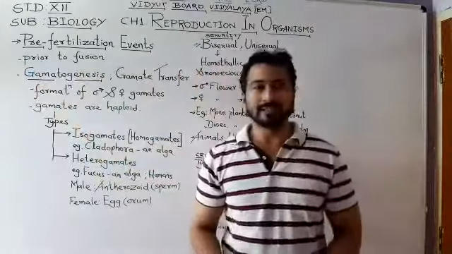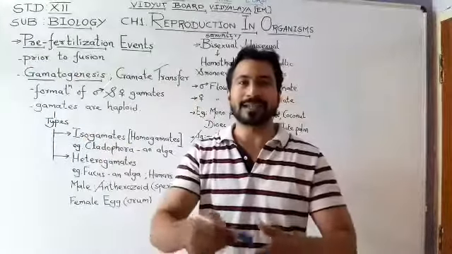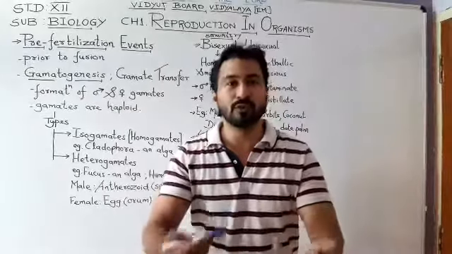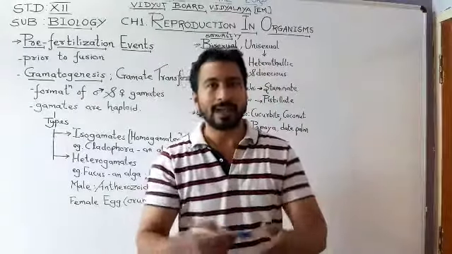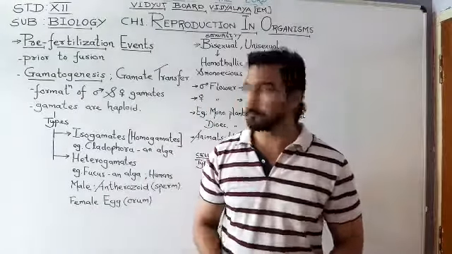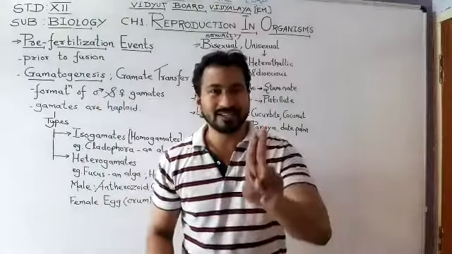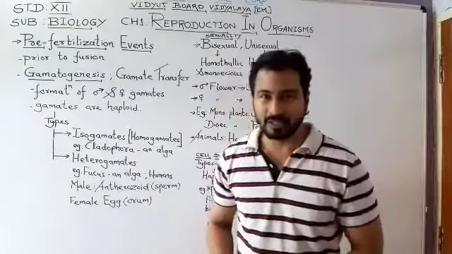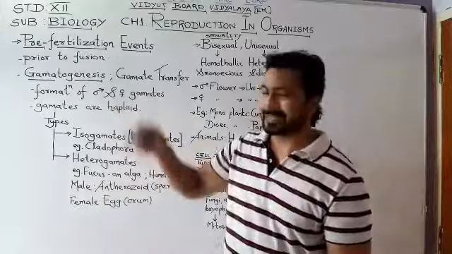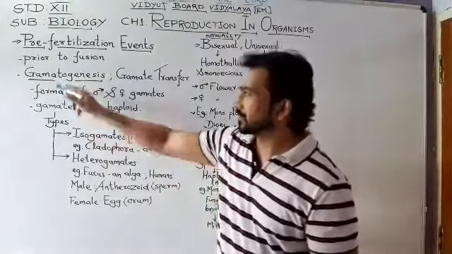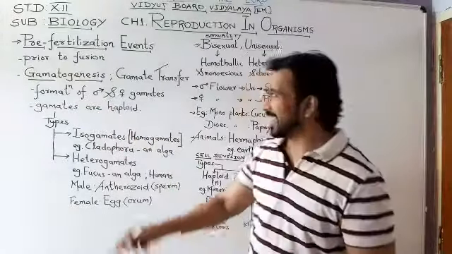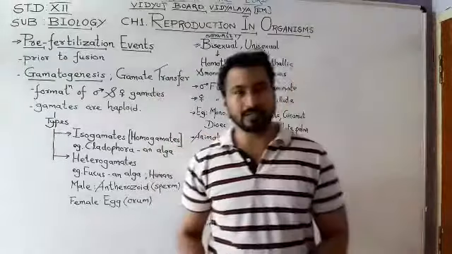Basically, it is the event that takes place prior to fusion. Now what happens at that time? There are two major events which take place at this time: the gametogenesis and the gamete transfer.